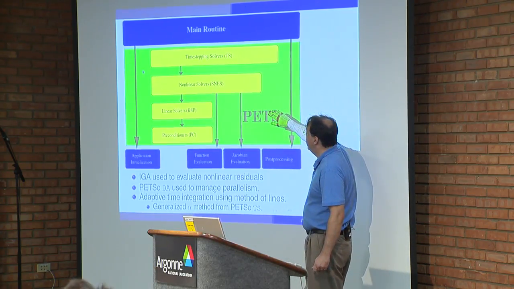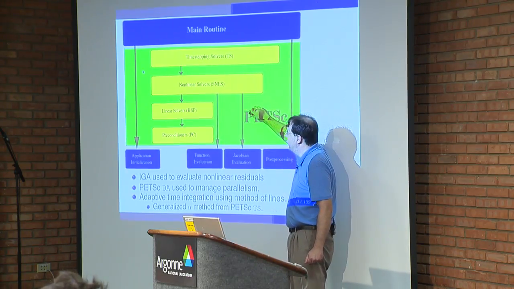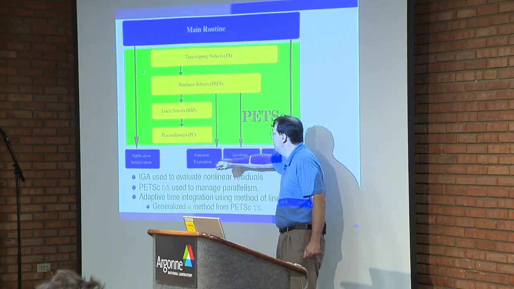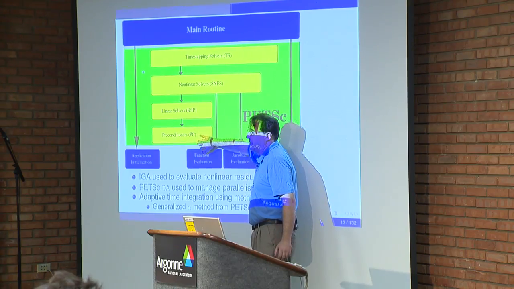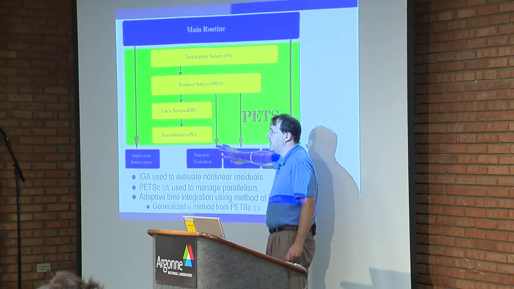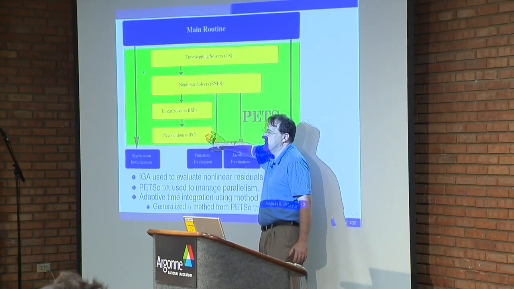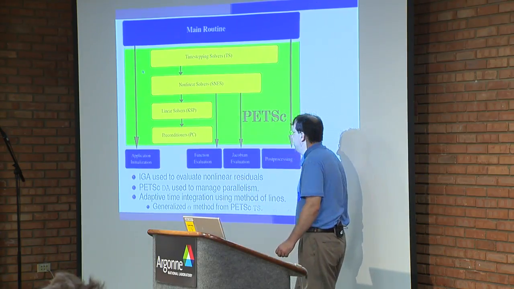The PETSc ODE solvers generally then use the PETSc nonlinear solvers, which use the PETSc linear solvers, which then use the PETSc preconditioners. All of this is transparent, and you don't have to worry about the details when you first run with it. Later, when you're optimizing for performance and trying to choose the best preconditioner, you'll want to know what's going on in the choices of the preconditioner you're using and so forth.